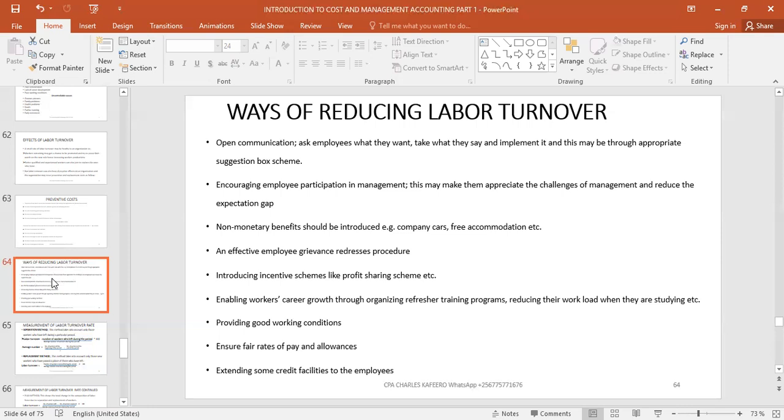By the time someone is thinking of leaving, they may have acquired a long-term loan, and you may find that they cannot settle the loan when they want to leave. So that also keeps the employees, but that comes as a last resort.